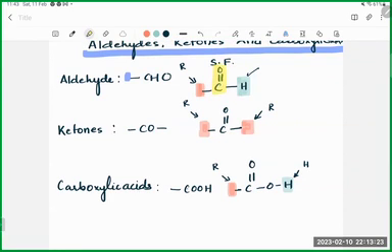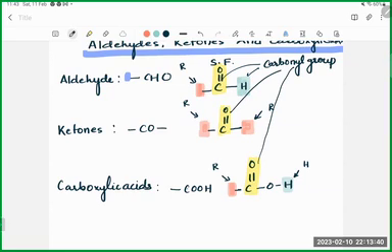What do you call this group? It's the carbonyl group. Yes, so we could see all three hold the carbonyl as a common functional group: aldehydes, ketones, and carboxylic acids.